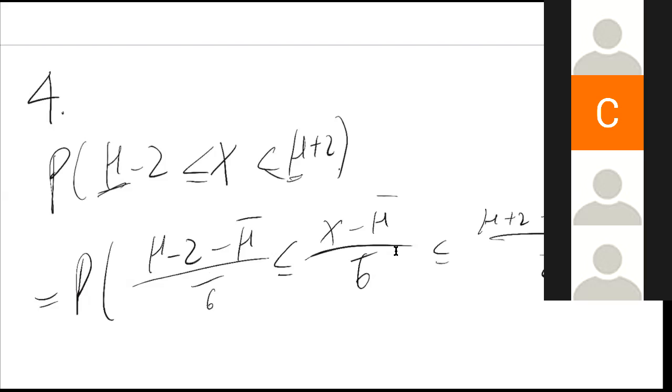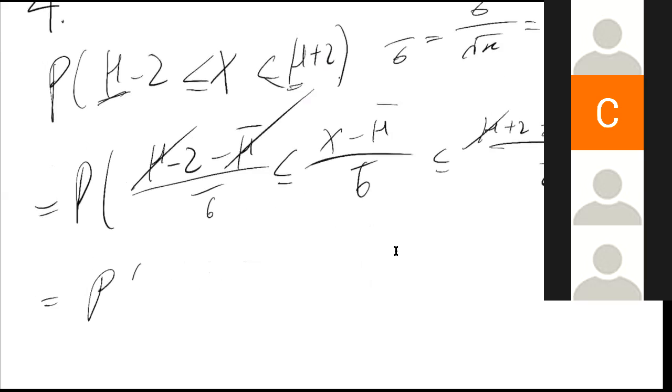We know that the population mean and sample mean are the same, so we can cancel this off. And what is the sample standard deviation? It's just the population standard deviation divided by the square root of n. The population standard deviation is given as 7.6, and n is given as 32. So the result is 1.34.